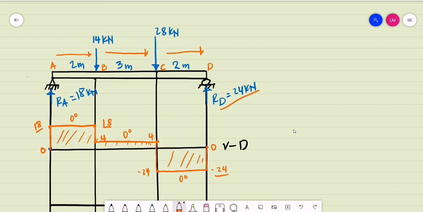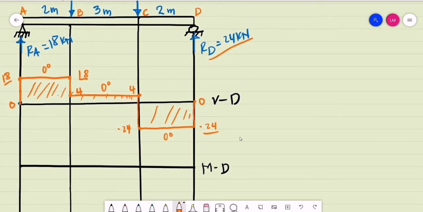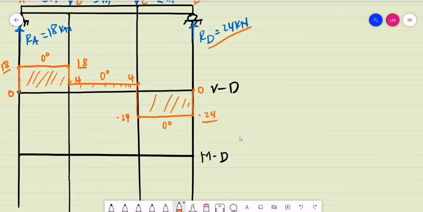If you are to establish first our equation, it will be time consuming. Then what about for the moment diagram?